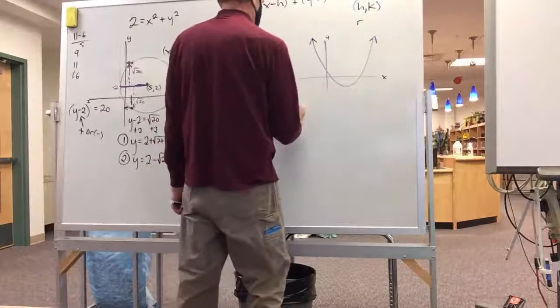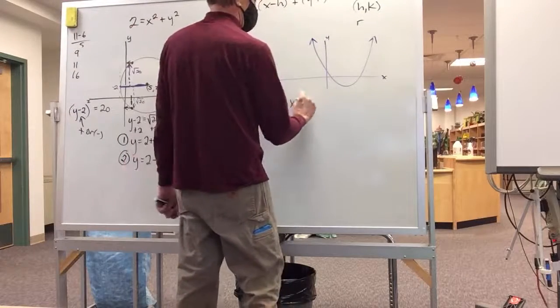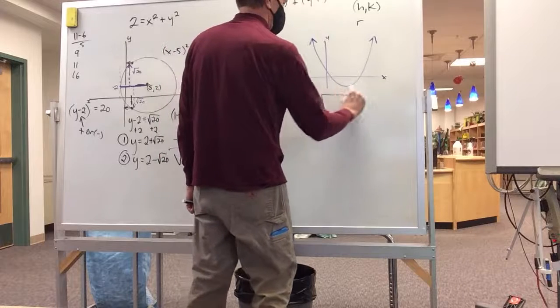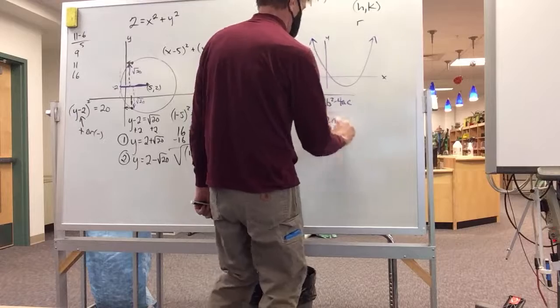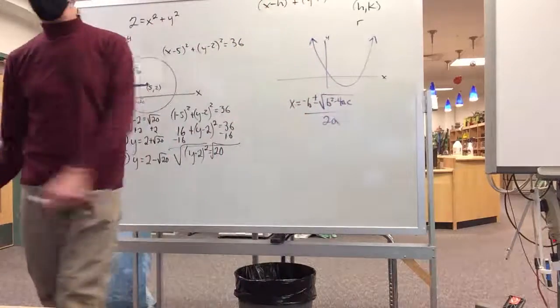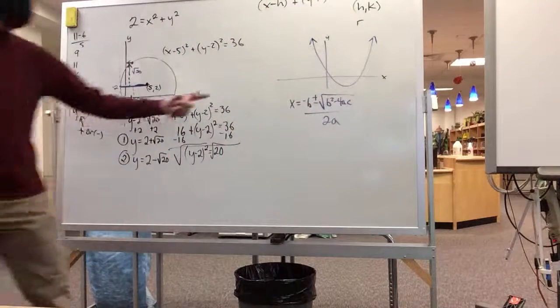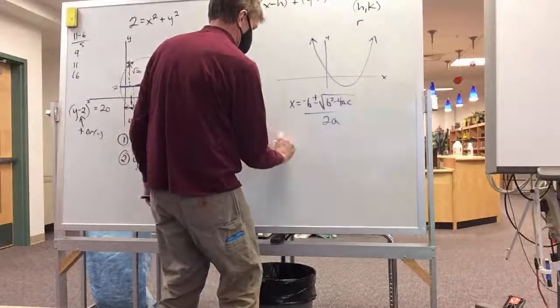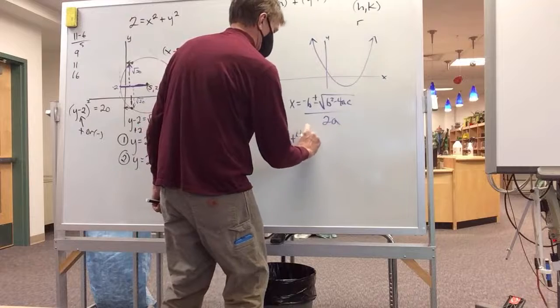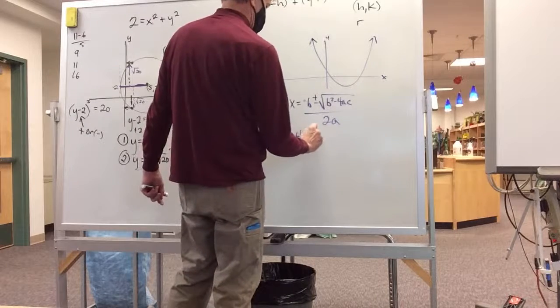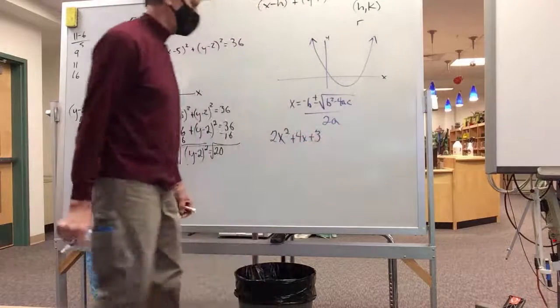We said x is equal to negative b plus or minus the square root of b squared minus 4ac, all divided by 2a. You solve that equation when you put numbers in. So you might have an equation like 2x squared plus 4x plus 3.